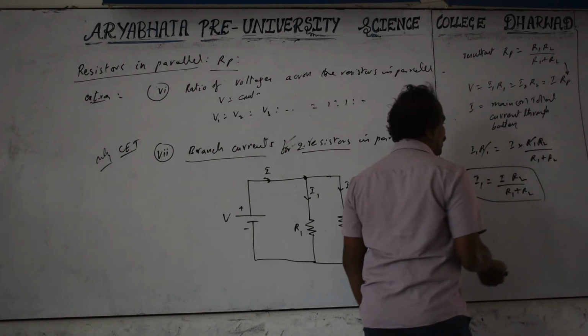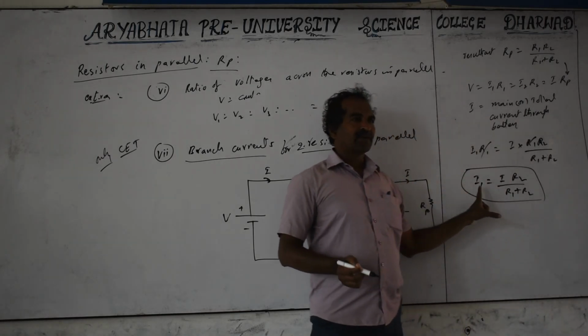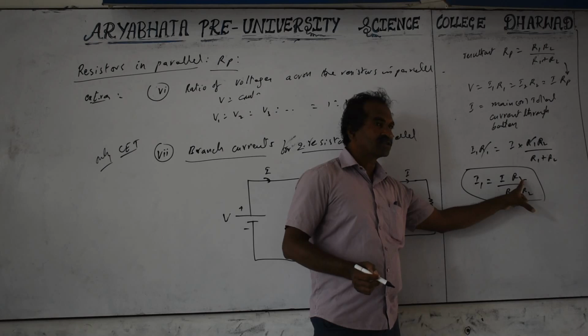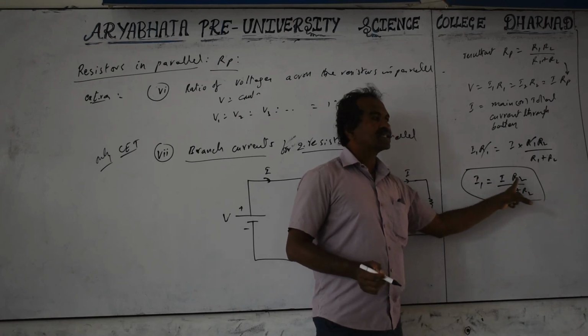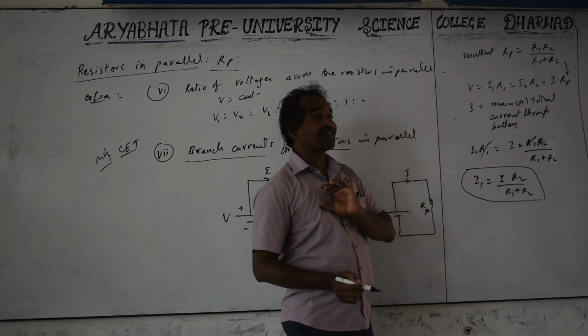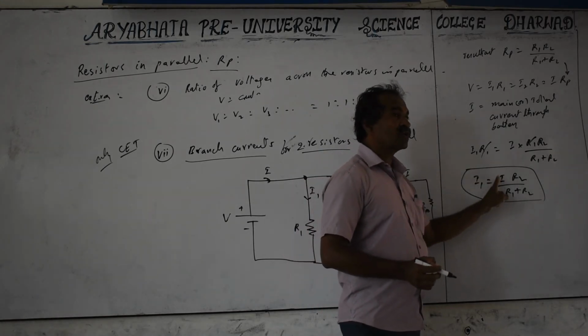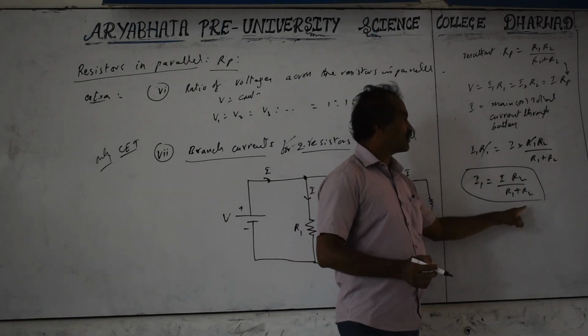Similarly, if I want I2, I2 = I × R1 by R1 plus R2. For I1, R2 is in the numerator; for I2, R1, that you can remember. But voltage is not like that: in series combination V1 = V × R1, with the denominator being the total resistance.